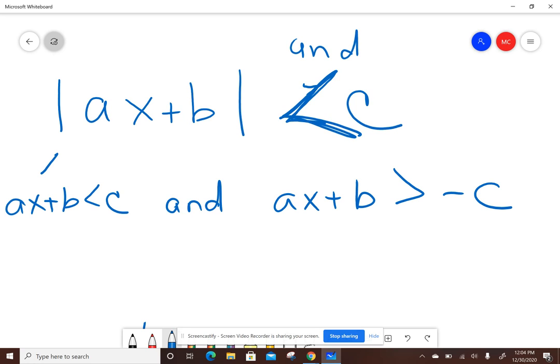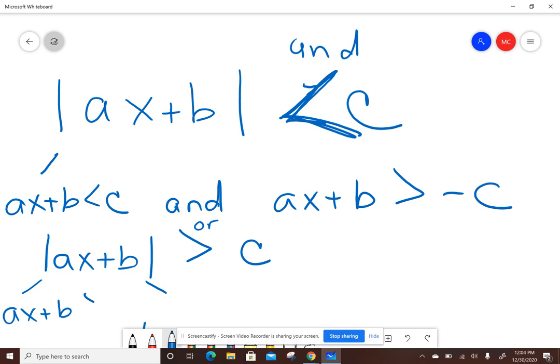And the other rule says if you have the absolute value of ax plus b greater than c, then either ax plus b is greater than c, or ax plus b, flip the direction of the sign, is less than negative c. Okay, so the key to this is remembering the simple phrase: less than is "and", greater than is "or".